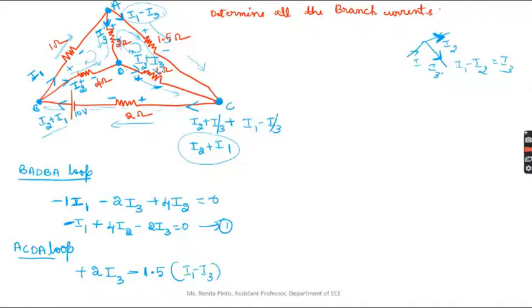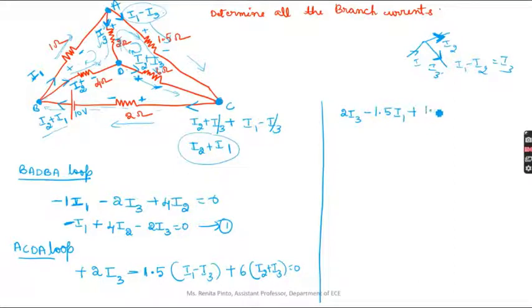Again, I'll be entering the minus of the 6 ohm, so it will be plus 6 into current in 6 ohm, which is I2 plus I3, equal to 0. So what will it be? 2I3 minus 1.5 I1 plus 1.5 I3 plus 6 I2 plus 6 I3 equal to 0.